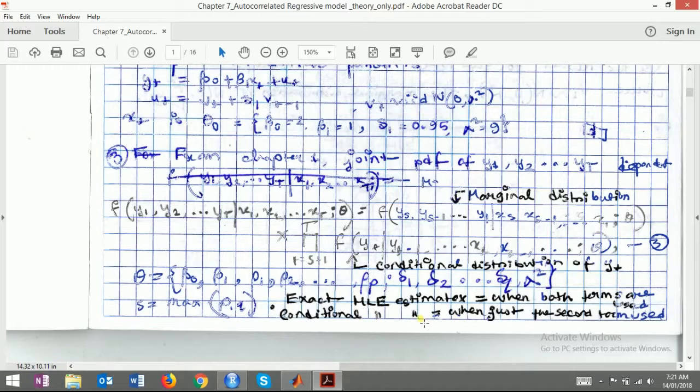Now the exact maximum likelihood estimator is when both terms are used, marginal distribution and conditional distribution. Conditional maximum likelihood estimator is when just the second term is used. So the whole thing is exact and only the second term is the conditional maximum likelihood estimator.